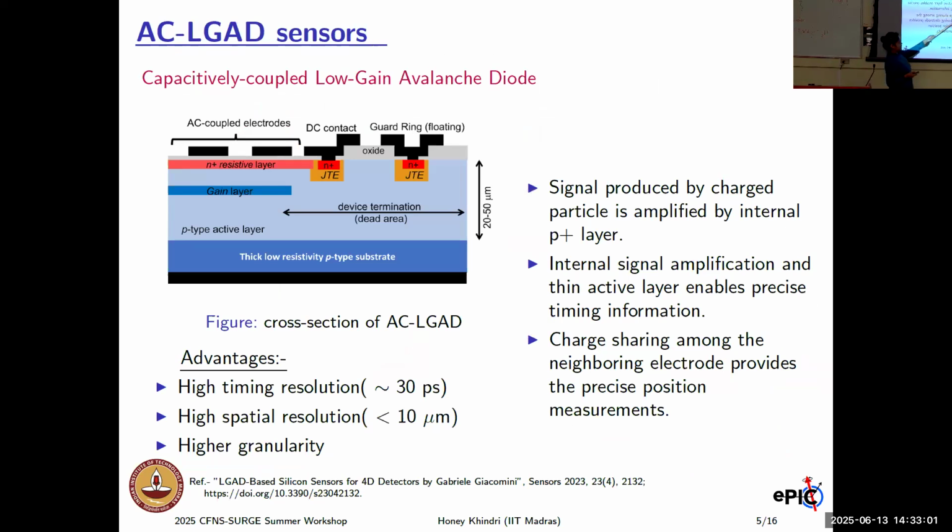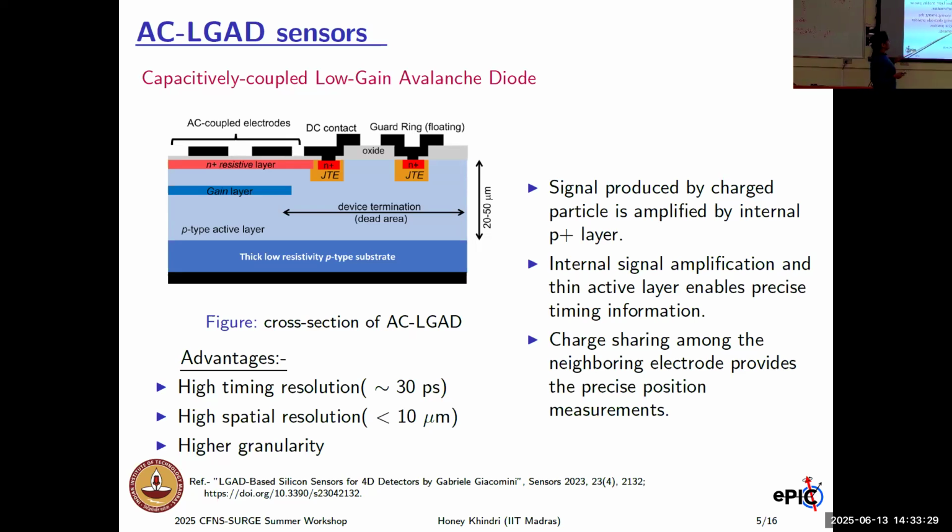These are the sensors. That is one of the biggest achievements, particularly in terms of timing resolution. Time of flight will be using AC-LGAD sensors, capacitively coupled low gain avalanche diodes, having excellent timing resolution. It is really difficult to achieve this timing resolution along with a spatial resolution of 10 micrometer with high granularity.